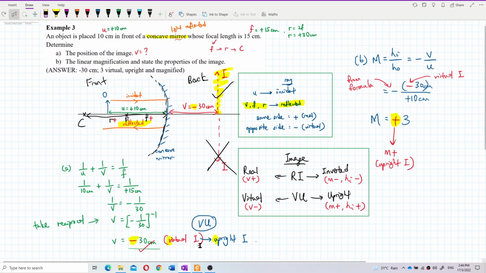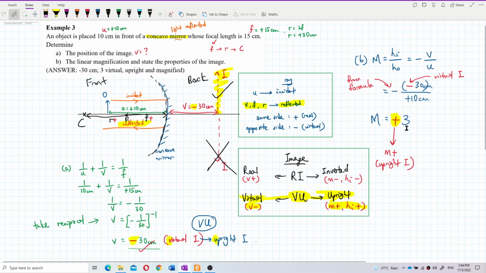When it is an upright image, the magnification should get positive M, and when M is positive, the height of image is also positive. I further calculated, and I did get the magnification positive. So my prediction is correct. The magnification should be a positive value, because it is an upright image. An upright image should get a positive M.